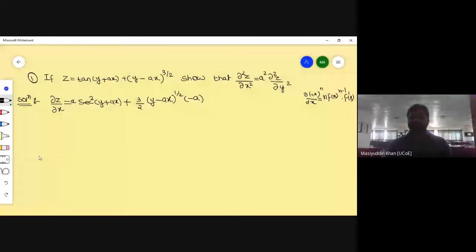Now we have to perform one more derivative for this function. So again differentiating with respect to x, because in the question it is clearly mentioned that we have to calculate dou square z by dou x square.